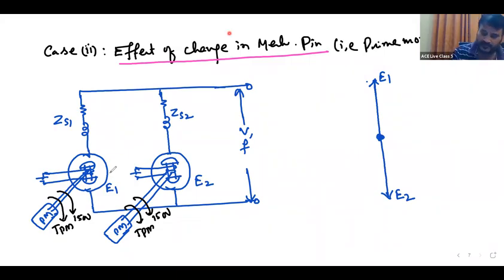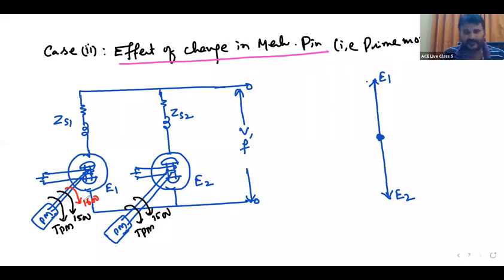Now, if excitation of machine 1 is increased, not excitation, sorry, prime mover input of machine 1 increases. Listen. If I am increasing prime mover input of the first machine, when prime mover input increases, its speed will increase, to some 1600 RPM, say.